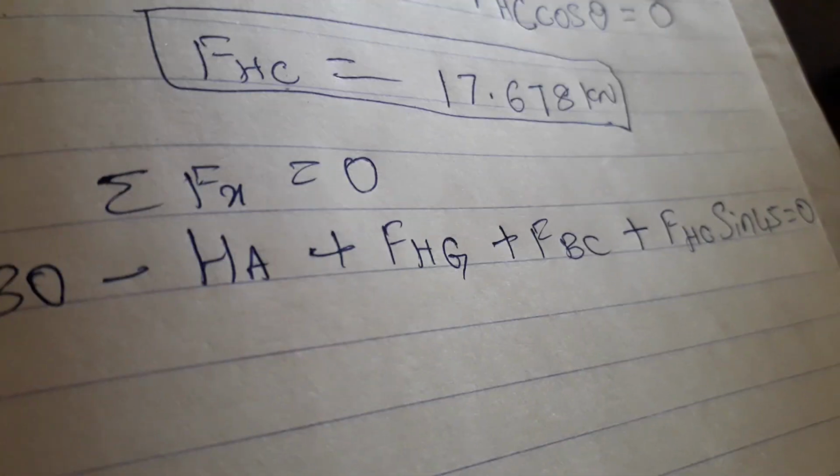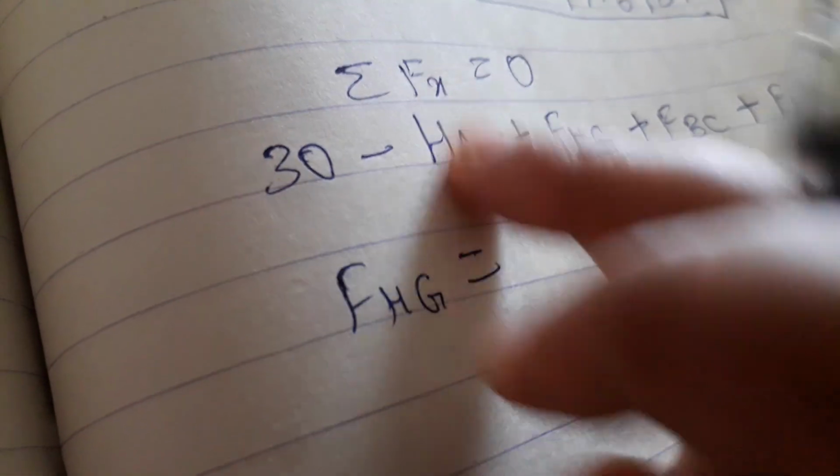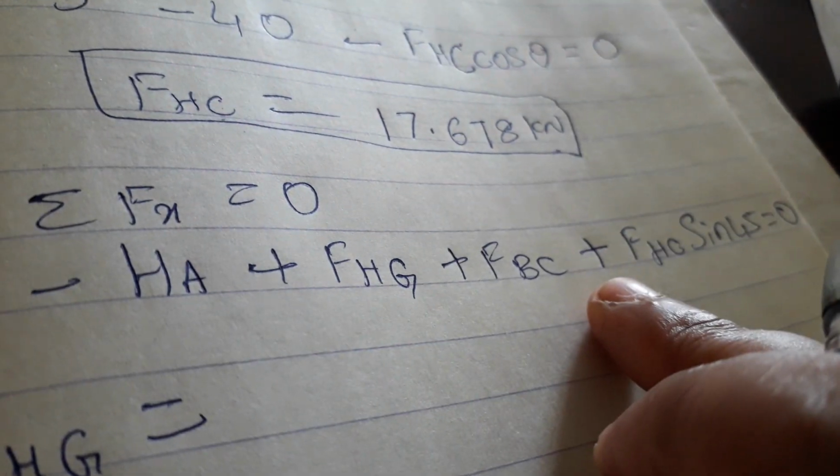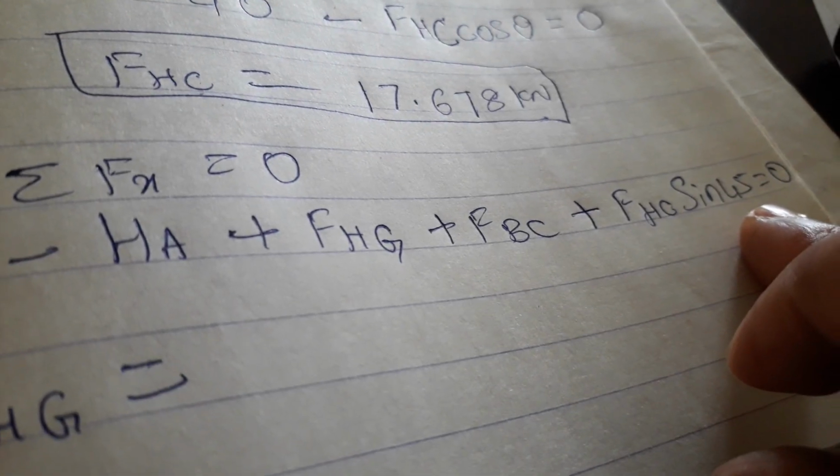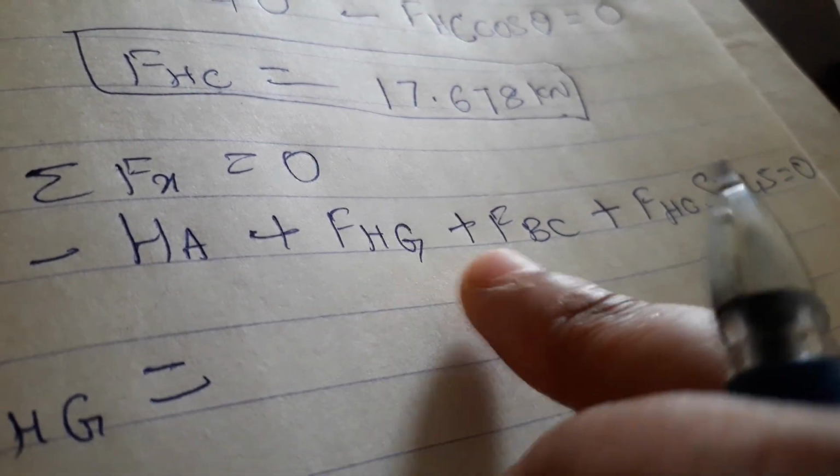The only unknown term is FHG. So FHG is equal to 30 minus 30, this makes 0, then FBC plus FHC sin 45. FBC is 82.5, and FHC sin 45 means 17.678 into sin 45. You get 95. So it is minus 95 kilonewton.